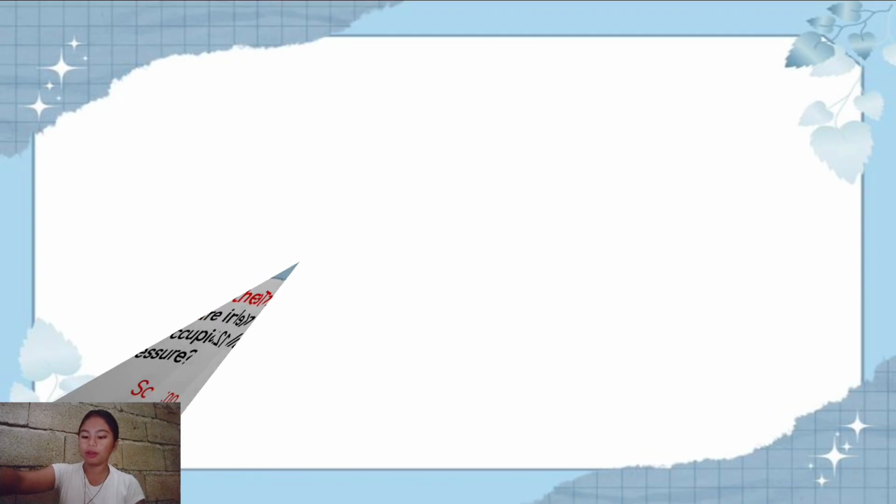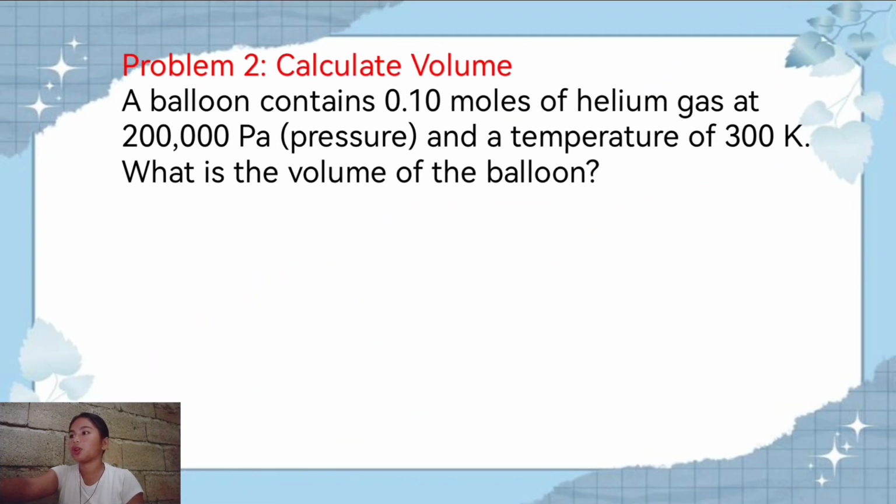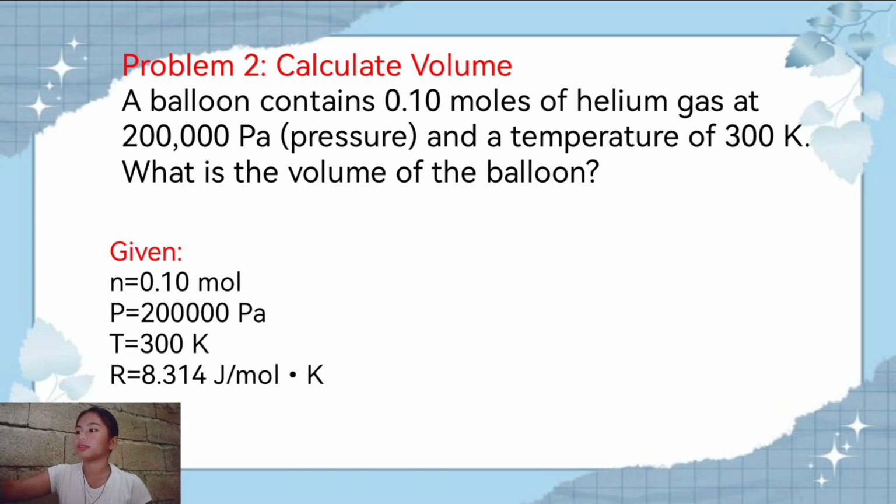For our second problem, pangitaon na nato ang volume. So, a balloon contains 0.10 moles of helium gas at 200,000 pascals and a temperature of 300 K. What is the volume of the balloon? So, unsa kuno ang volume sa balloon? So, ang given nga gihatag is mao ni siya.